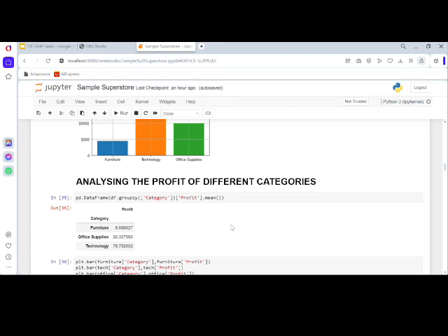So if we want to increase the profit, we need to work on it, improve the design, or we can actually remove it, stop selling this particular category and work on technology and office supplies.